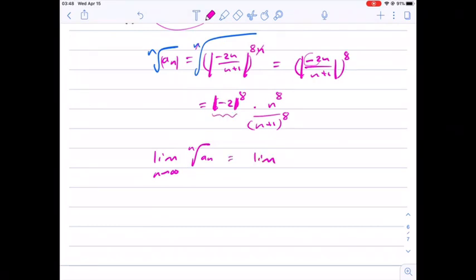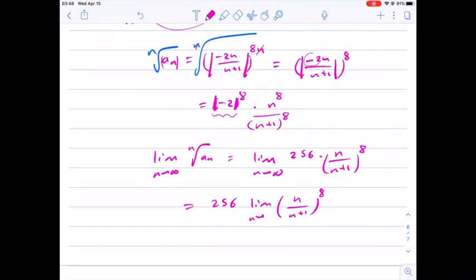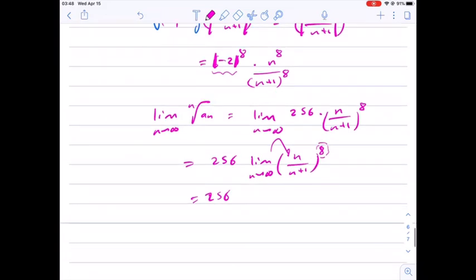So here we have the limit of the absolute value of negative 2 to the power 8, which is 256, times n over n plus 1 all raised to power 8, as n goes to infinity. This is 256 times the limit of n over n plus 1 to the power 8. We can insert the limit here because the power is constant and does not depend on n.